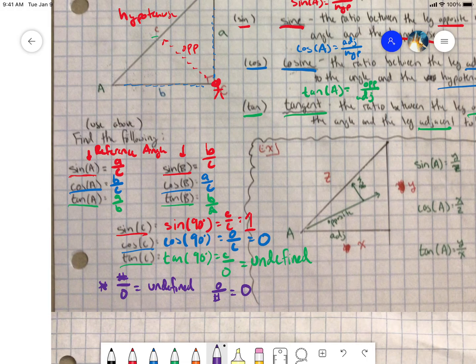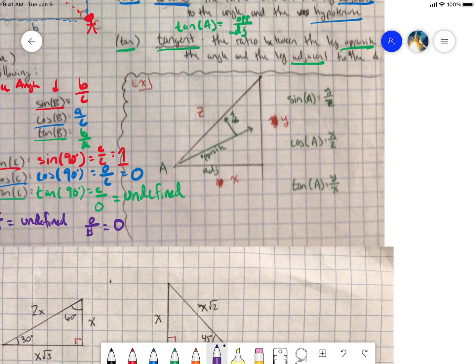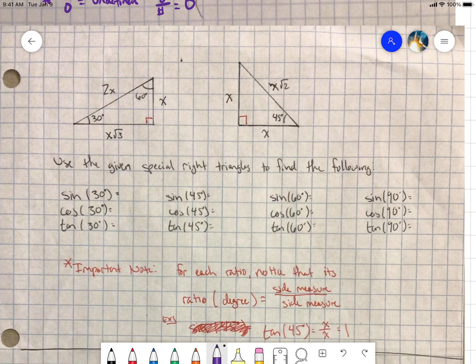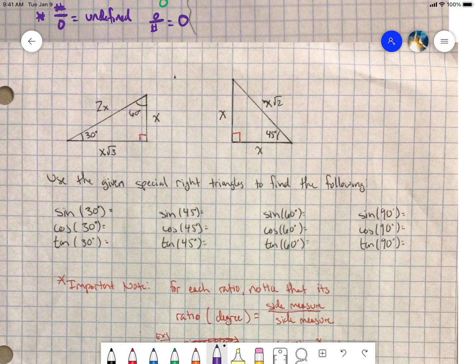So now, I know I'm kind of pushing your brains here a little bit, but we're going to take it another step farther. I want you to try to do the same thing. I'm going to give you about 5-10 minutes on this one. I'm going to stop the video here and start a second video to record for after. I want you to see if you can use the special right triangles we talked about before, 30-60-90 and 45-45-90, and come up with ratios for all of these.